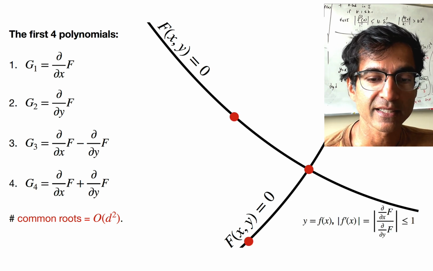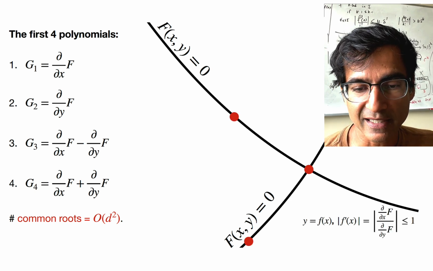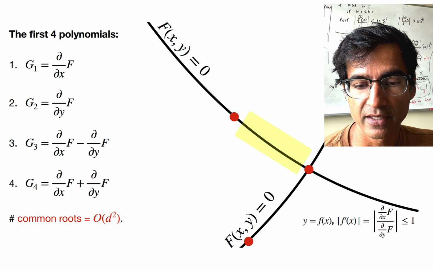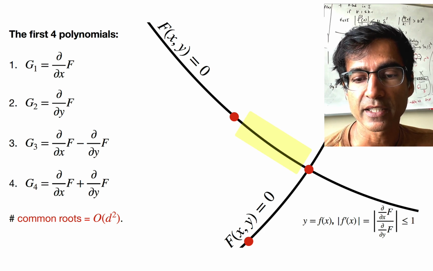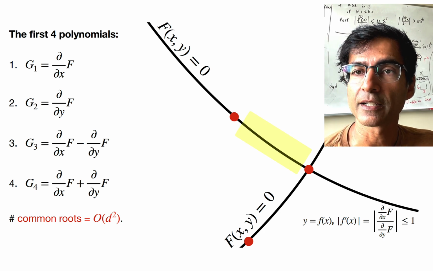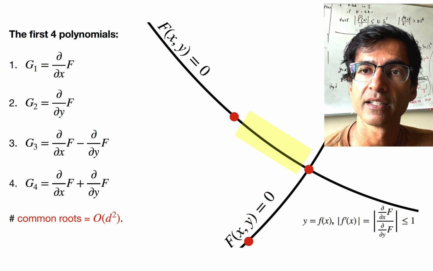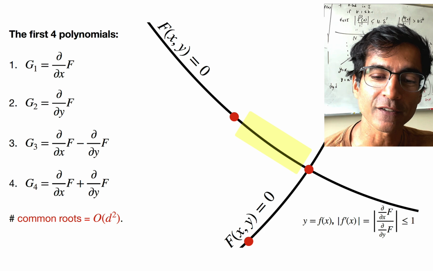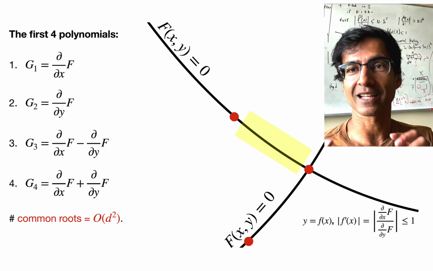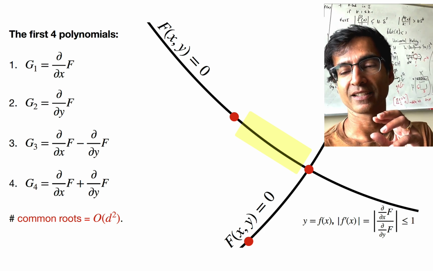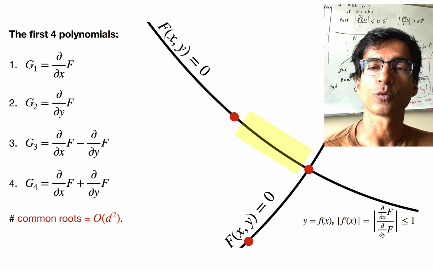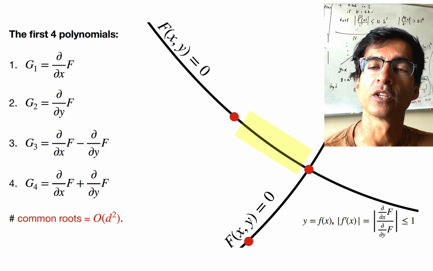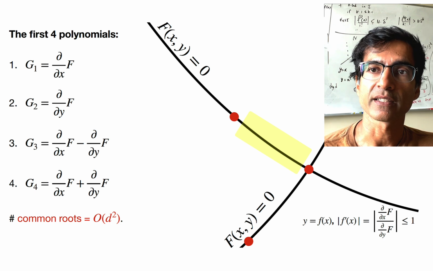Now what I want to claim is that, let's say you take a segment that looks like this. First I want to say that this piece really looks like a place where you can express the set of points where f of x, y is 0 in the form y equals f of x.